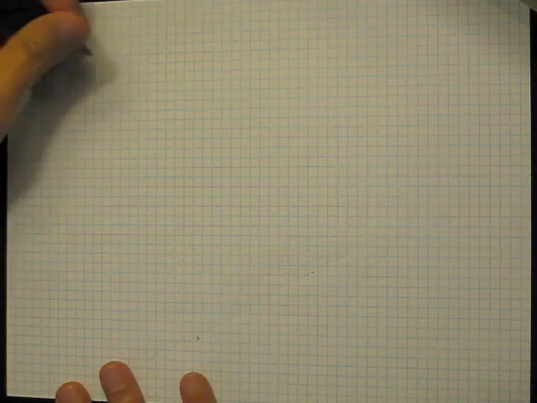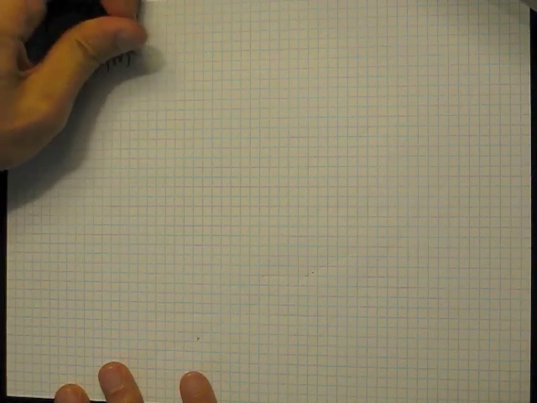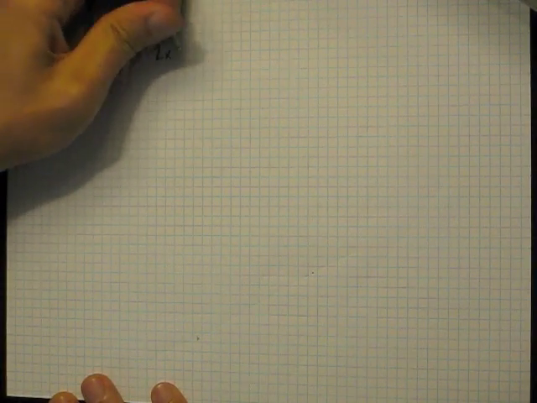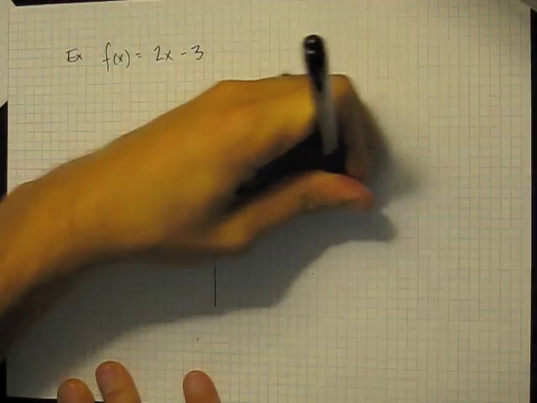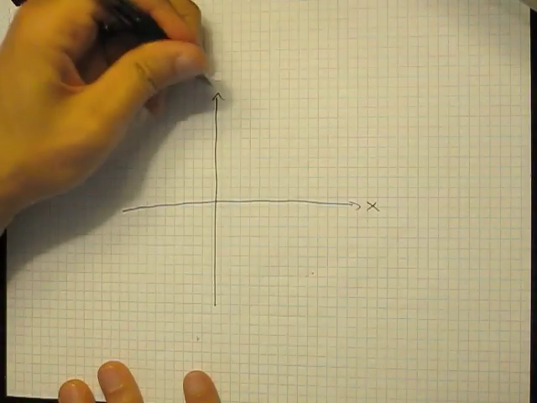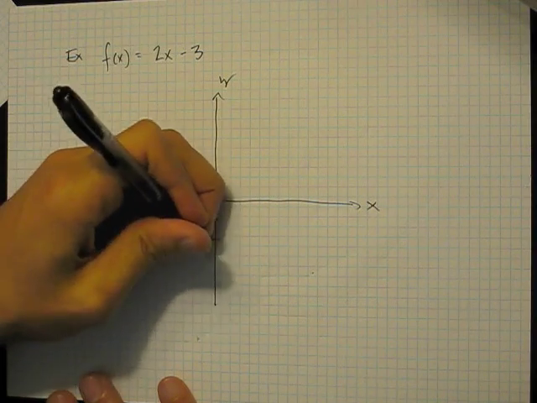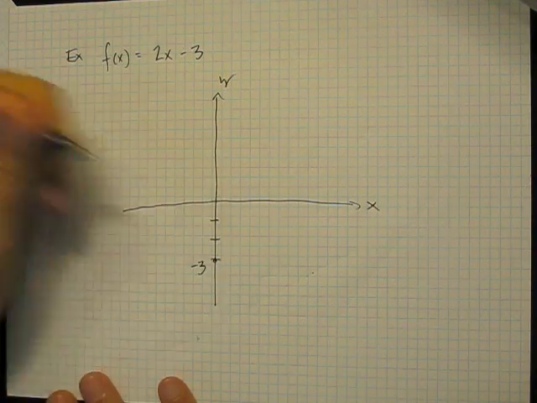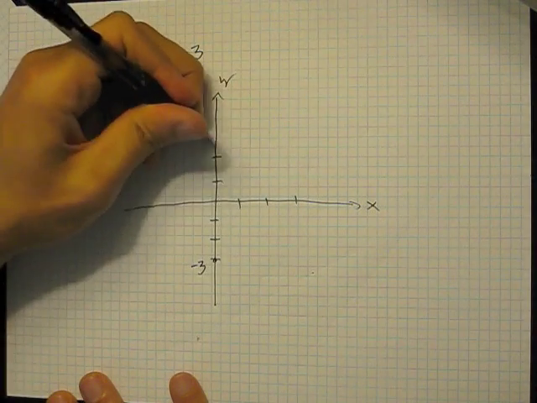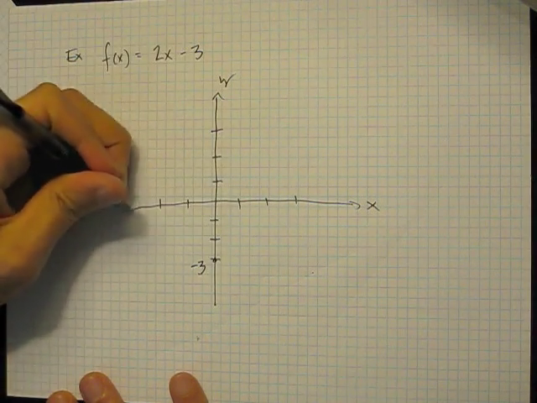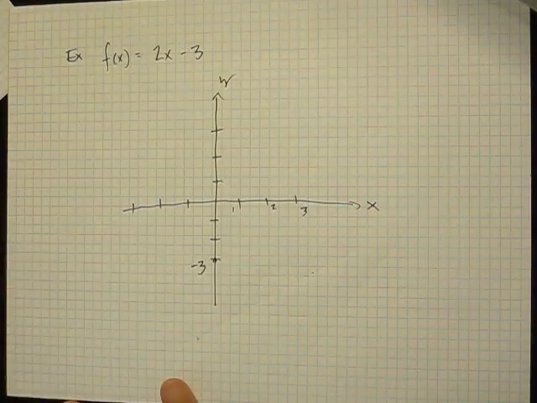Let's do a really, really quick example. How about f of x equals, I'm just making this up, 2x minus 3. Okay, here's how you would graph this without the use of your calculator at all. Like I said, we're going to allow calculators, but let's just, so where's minus 3? On the y-axis, it's right there, and let's throw in a few more. I'm going to mark off some integer values here. So usually when I mark off numbers on these axes, they're integer values.